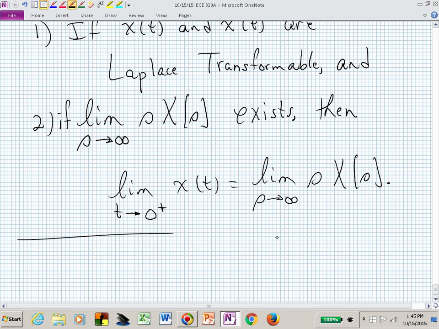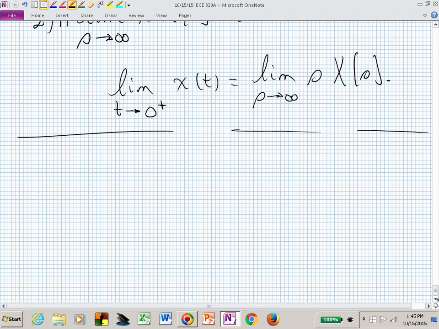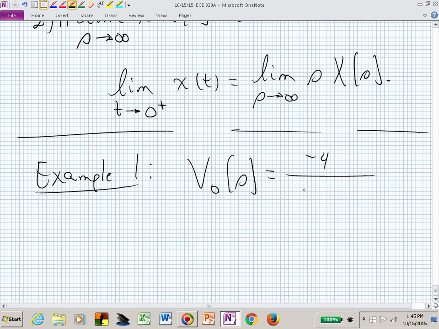So, let's apply that. Suppose we look at example 1. Now we just have to have a limit. The limit has to exist. We don't have to check pole locations or anything because this is the starting value. Suppose capital V sub 0 of s is minus 4 over 2s squared plus 3s plus 1.